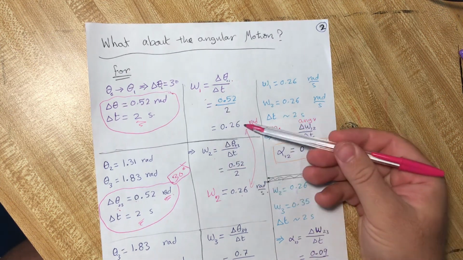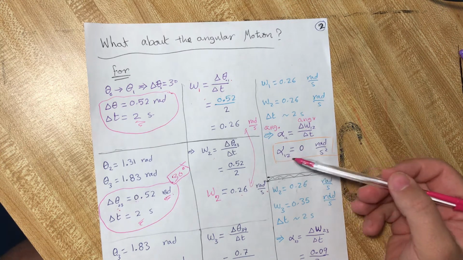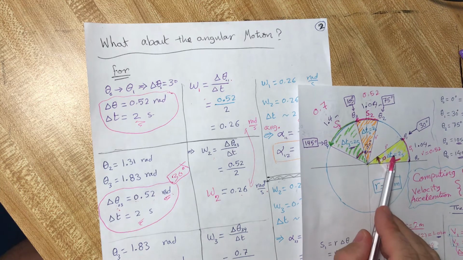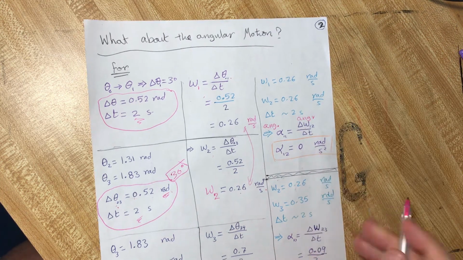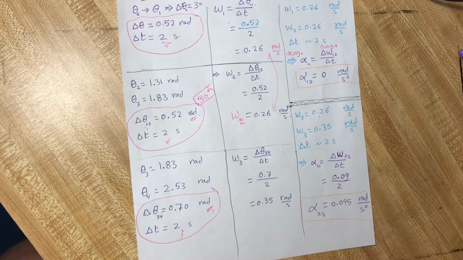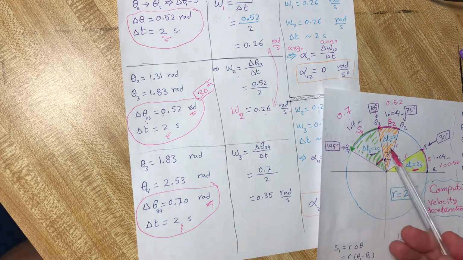Omega 2 is equal to omega 1. The change between them is 0. Then the angular acceleration between the first two sections, the orange and the yellow one, is 0 radian per second squared.